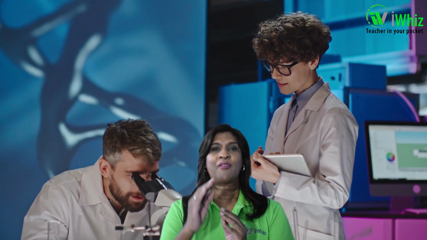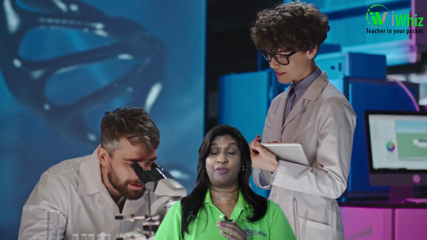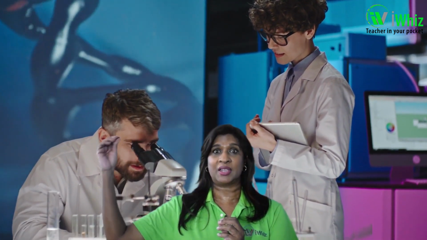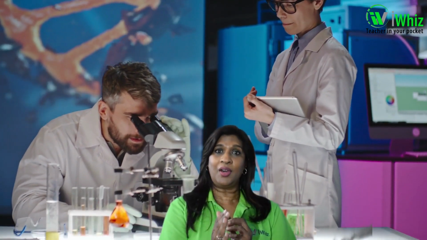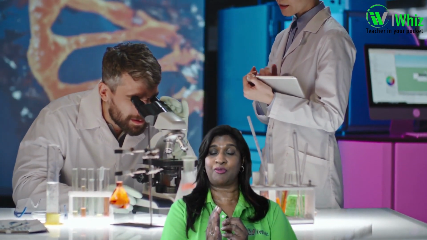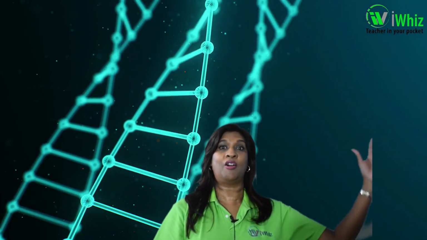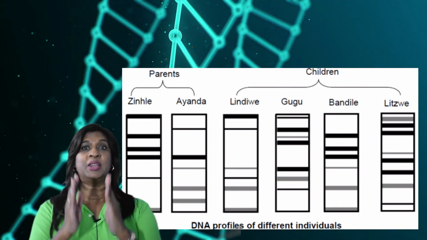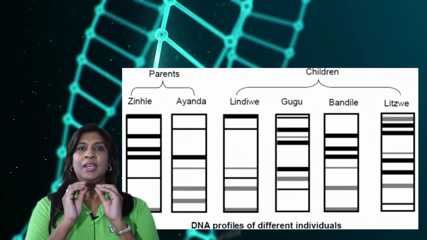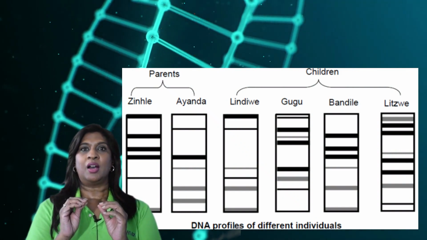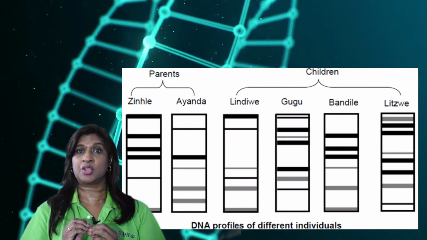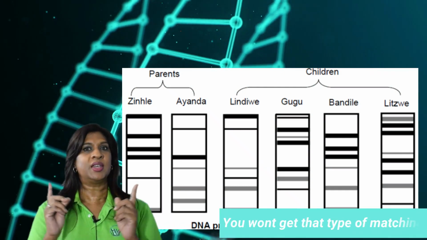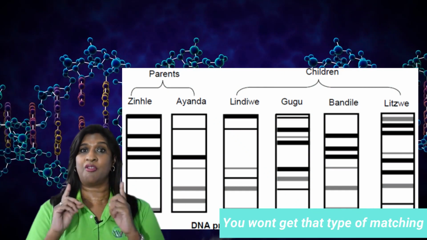So when you look at the DNA profile of a child, that DNA profile would have half the bands on the profile that match with the bands of the mother, and the other half of the bands on the DNA profile that match with the bands of the father's DNA profile. Right? So that's what we're looking for. Those would be the biological kids. If we find that there are children who are adopted, not biological children of those parents, then we wouldn't get that kind of matching of bands.